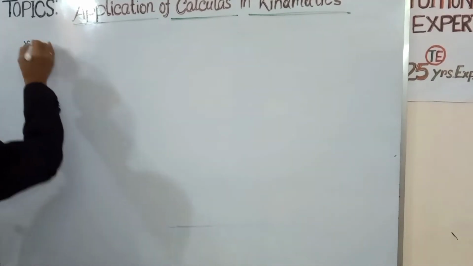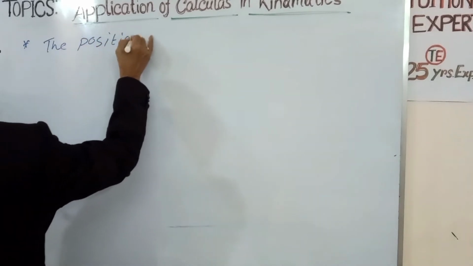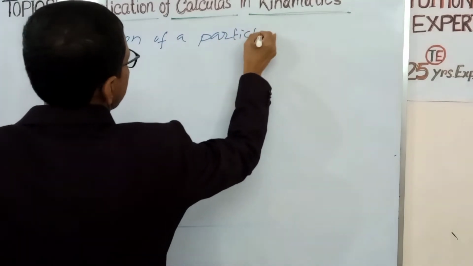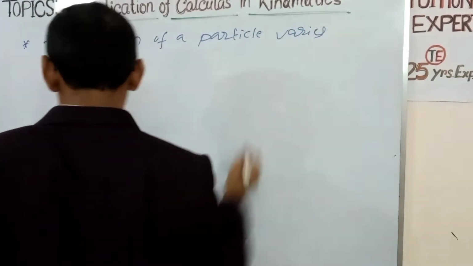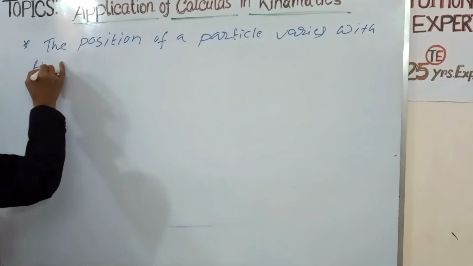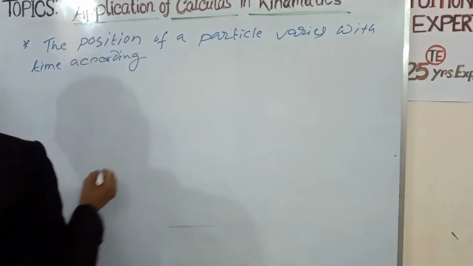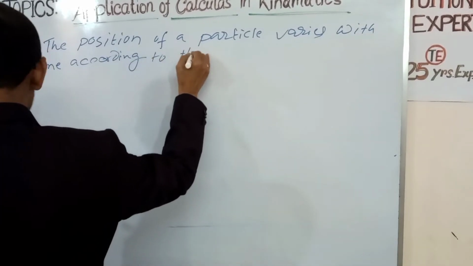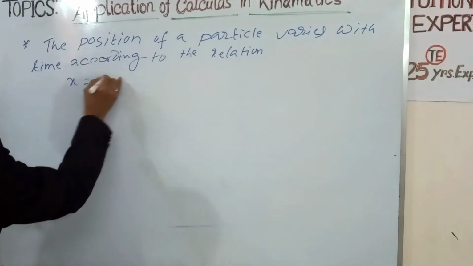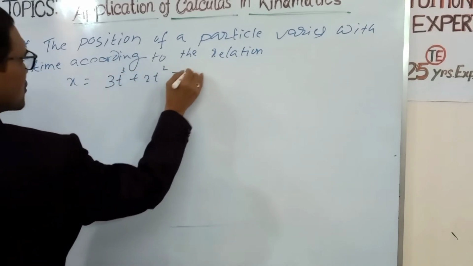Now one problem: the position of a particle varies with time according to the equation x equal to, suppose, 3t cube plus 2t square plus 4t plus 1.